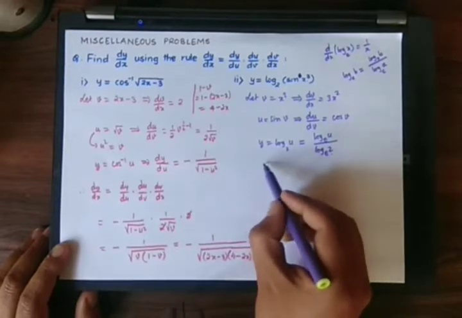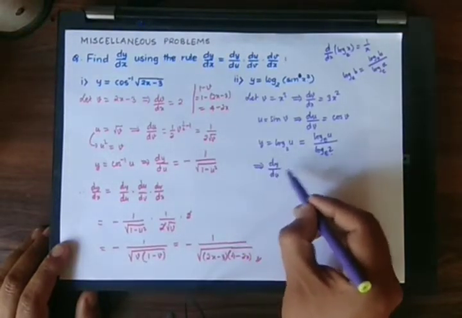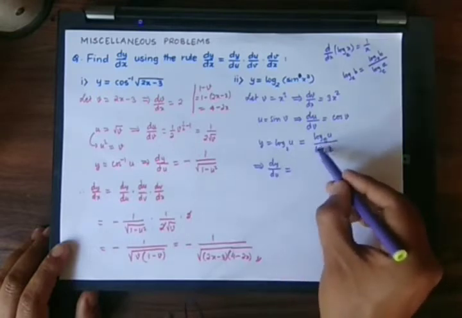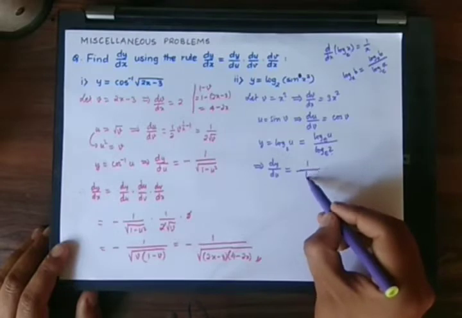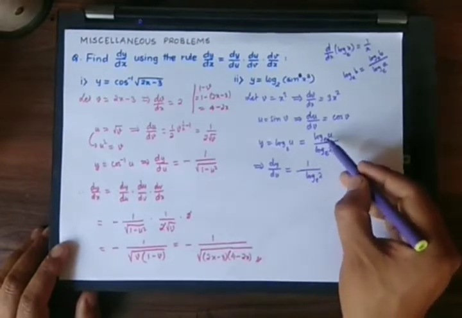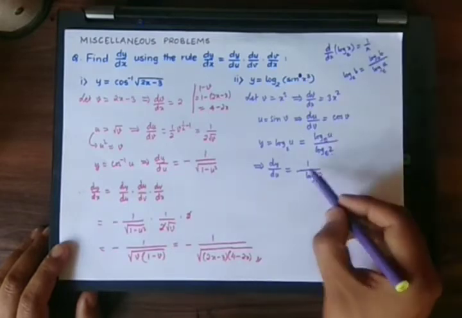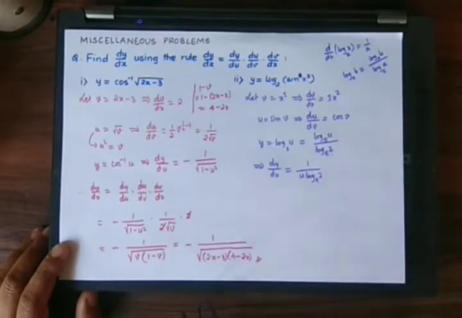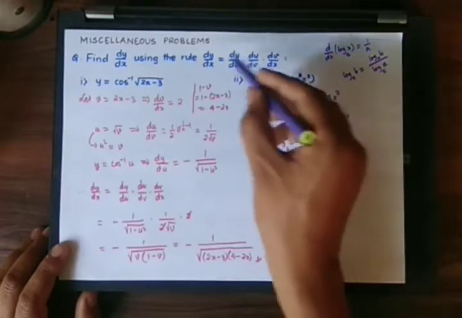Now let us find dy by du from here. So dy by du will be, since 1 by this is constant, this will be kept outside. Now differentiation of log with base e of u is going to be 1 by u. So 1 by u means it will be this much.